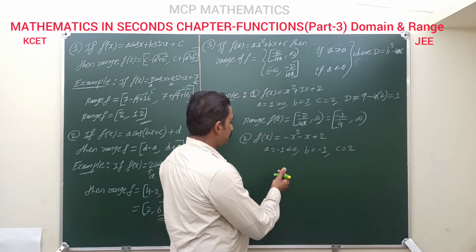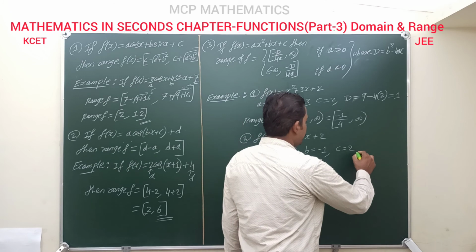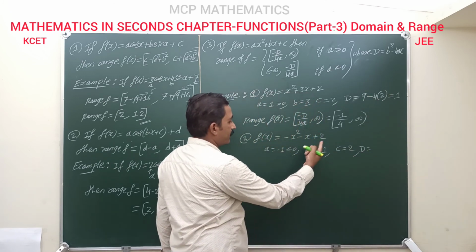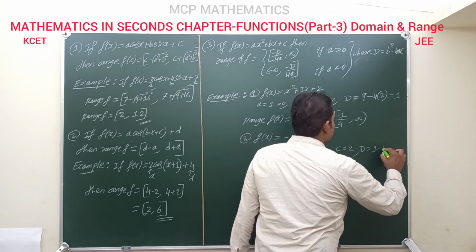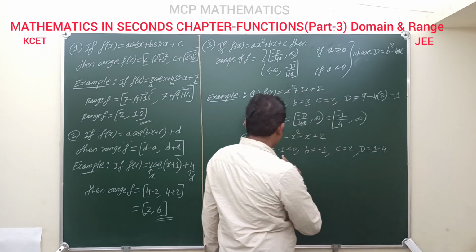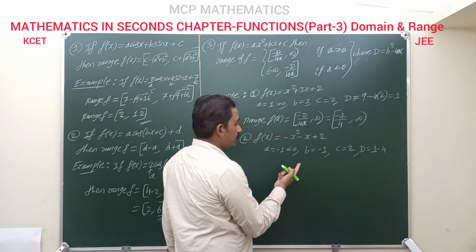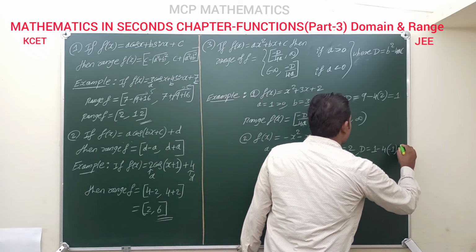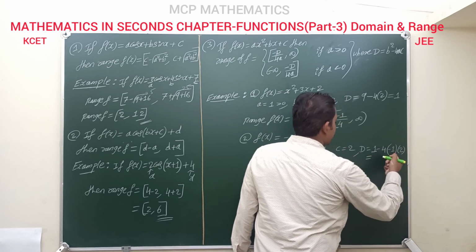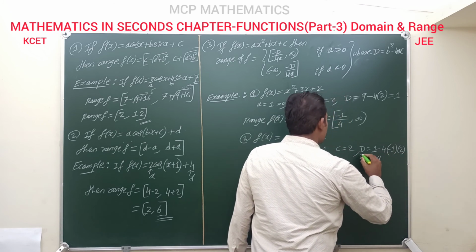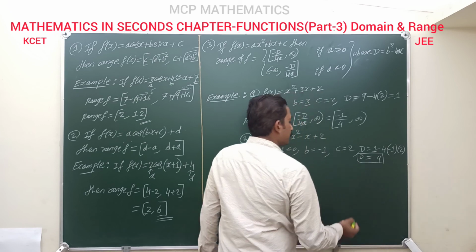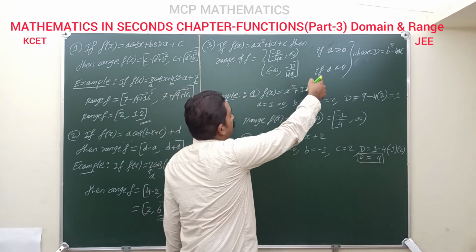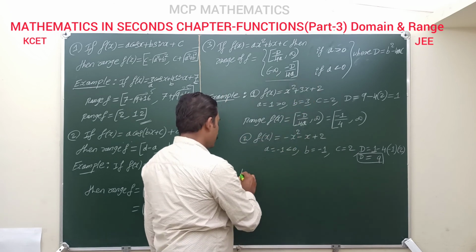Now we have to find D, nothing but b square minus 4ac: minus 1 square is 1, minus 4 into a minus 1 into c 2, so minus 1 into 2, nothing but plus 8. 1 plus 8 is 9. D is equal to 9.